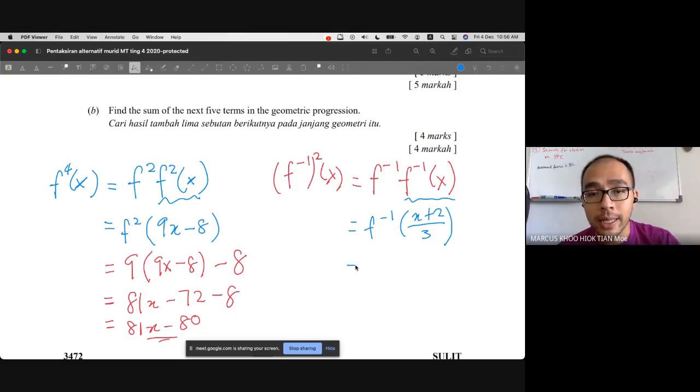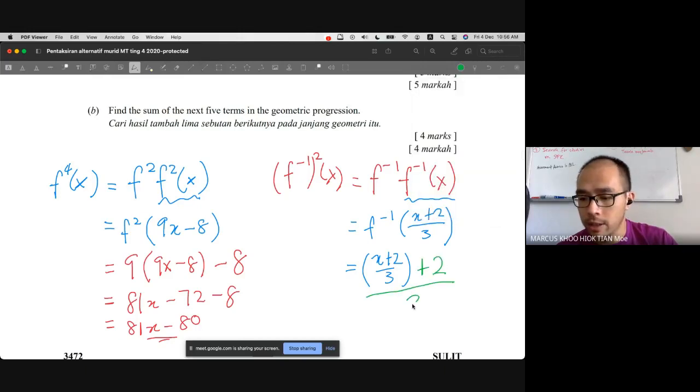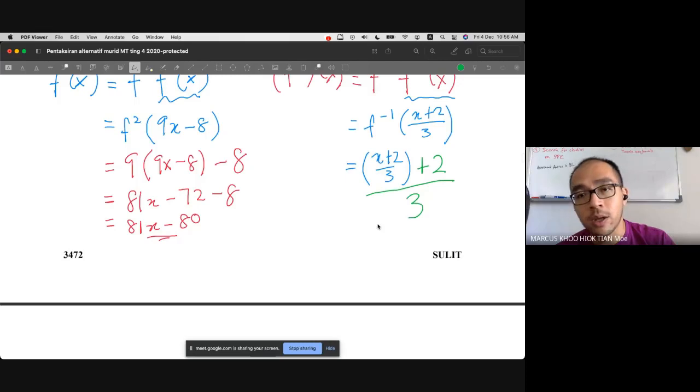So bila saya gantikan, I will get x plus 2 over 3, the whole thing will be plus 2 over 3. If you can do up to here, it's actually very good already lah. Then after that, this is all simplification. Simplify, you will get x plus 8 over 9. Okay, this is our final answer.